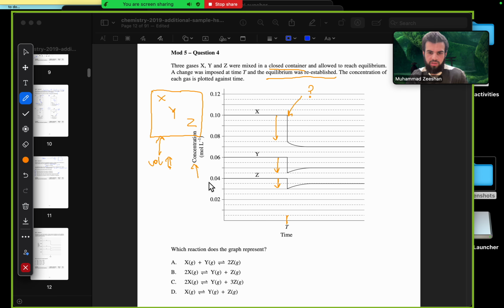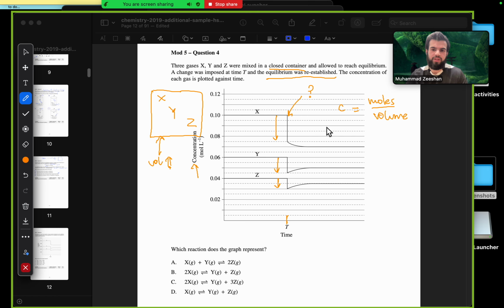because when the volume of a system goes up, all of the gases inside of it naturally will have less concentration, because concentration equals moles divided by volume.